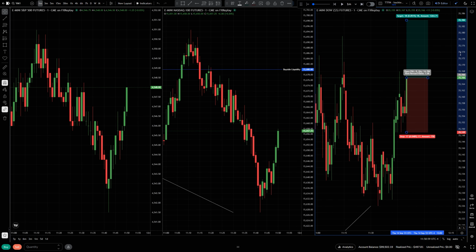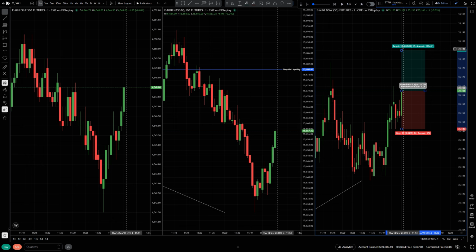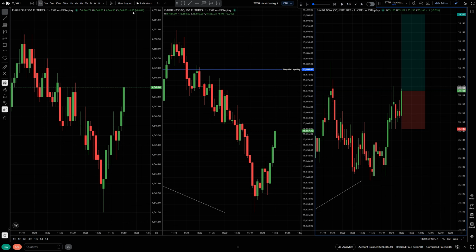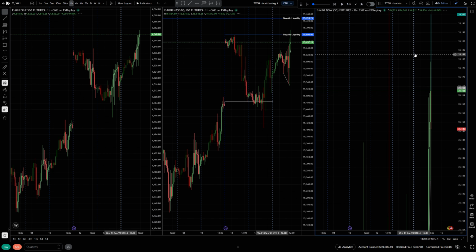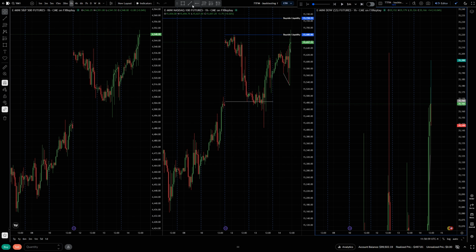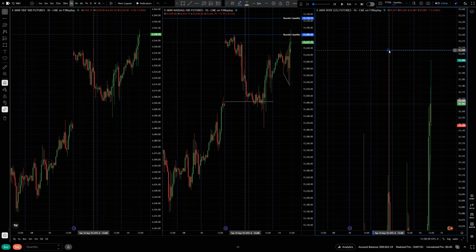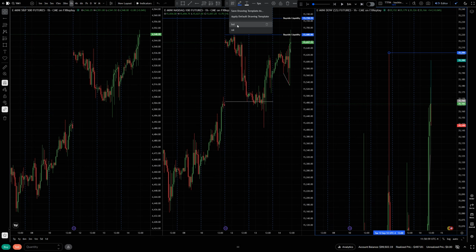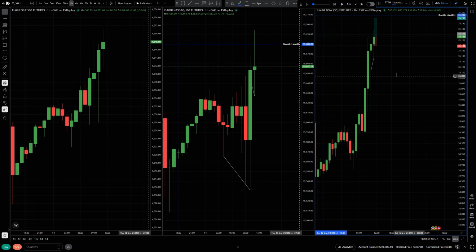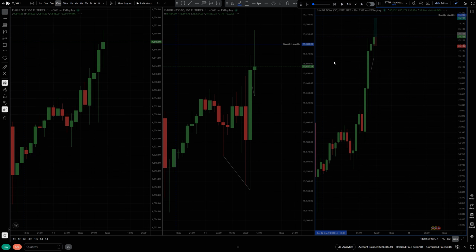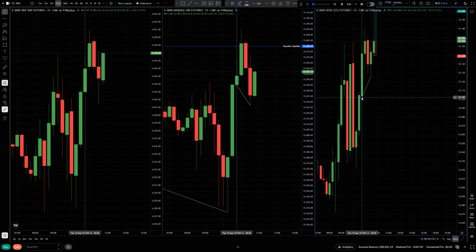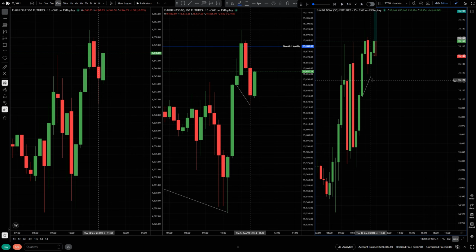So I'm willing to take this to a 2R, which would be where? So in very close proximity to this high. So if we look again, we have two stage where we have SMT fill and we have a PSP.